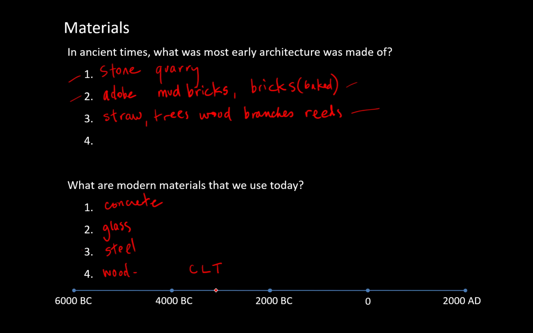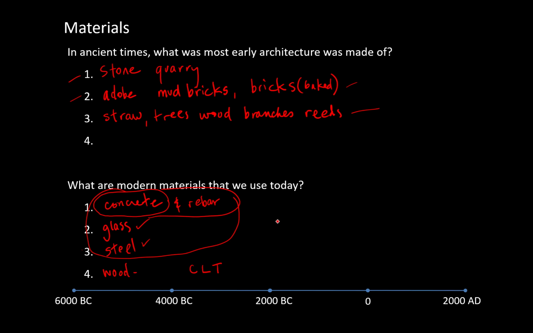Some of the things that we didn't have available before are concrete that we can use in a way that combines with rebar, which is made out of steel, to make very tall buildings or big bridges, glass in large sizes and capacities, and steel. All these things didn't exist in ancient times.